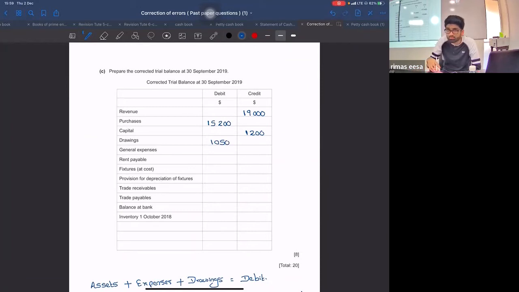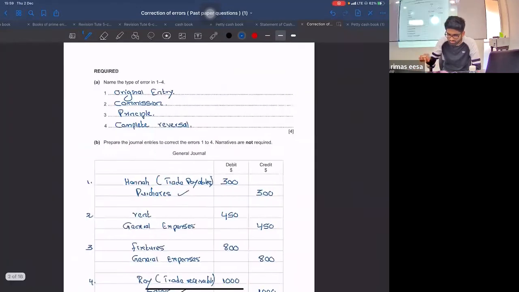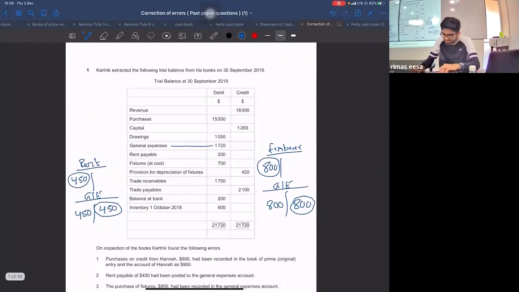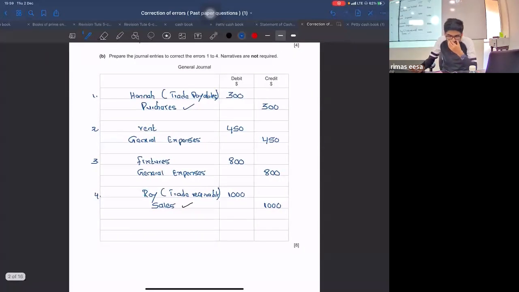Right. Next one. General expense. How much is given for general expense? 1,720 on the debit side. Okay. Can you see? 1,720 is given on the debit side. Did you make any adjustment to general expense? How many adjustments? 1, 2. Look, 1,720 was given on the debit side.